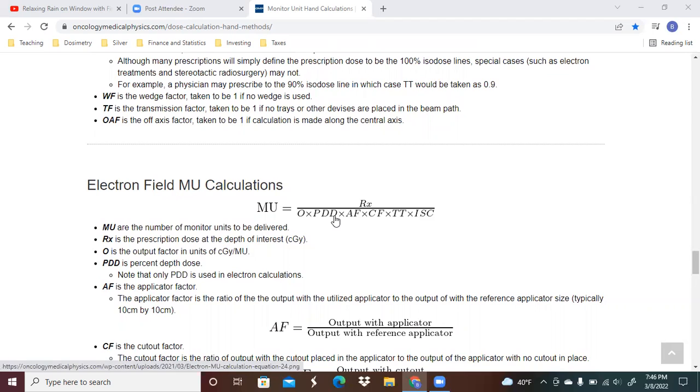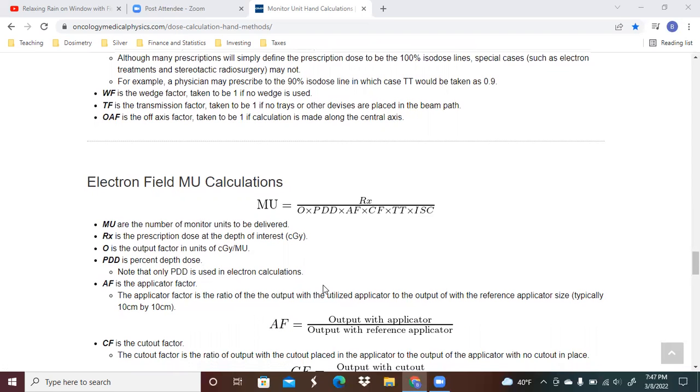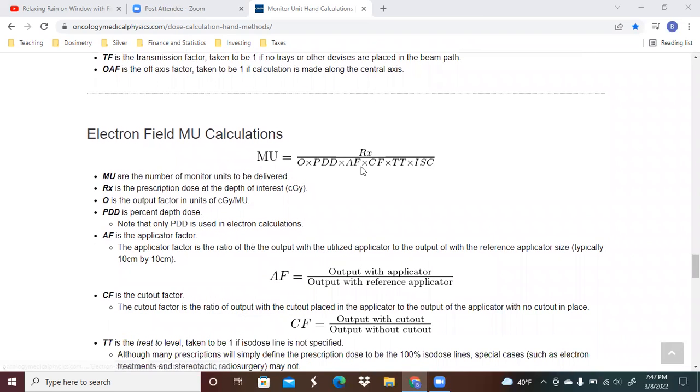You've got the PDD because electrons are usually set at a distance away from the surface of the patient. The AF is going to be the application factor. So that's the ratio of the output with the utilized applicator to the output with the reference applicator size. A lot of times the physicists are the ones that'll go through and try to figure out what this applicator, well, actually it's the cutout factor.